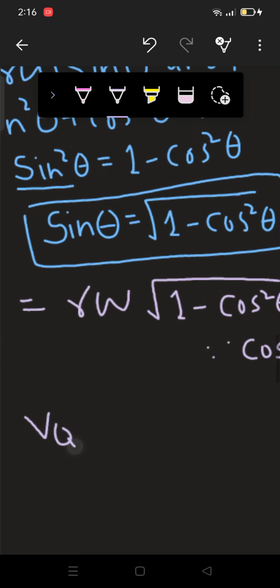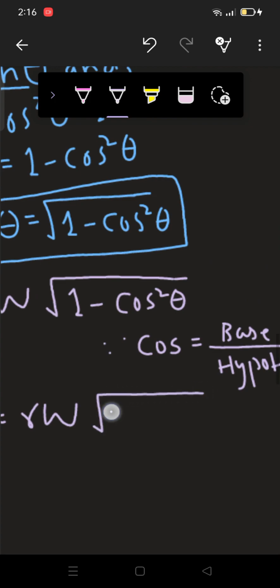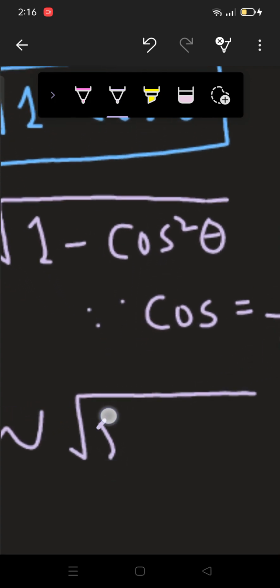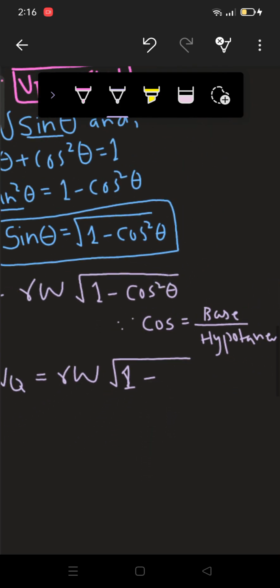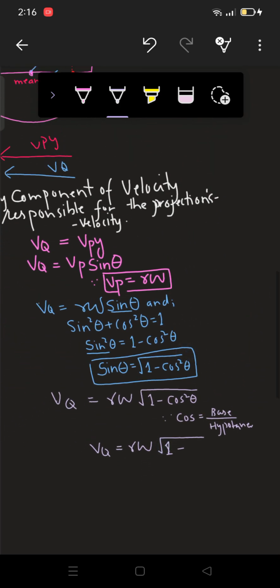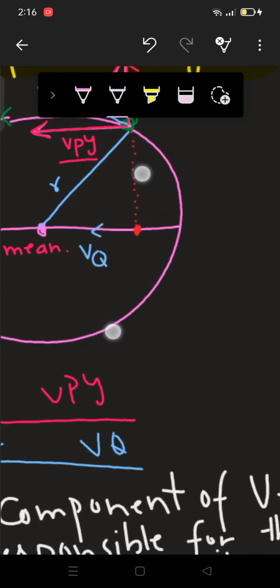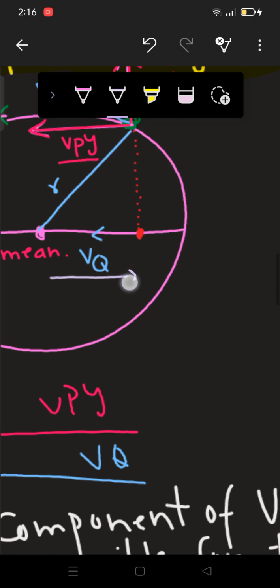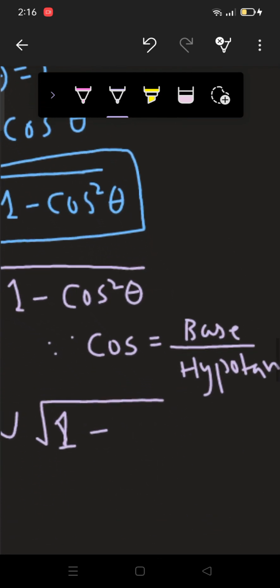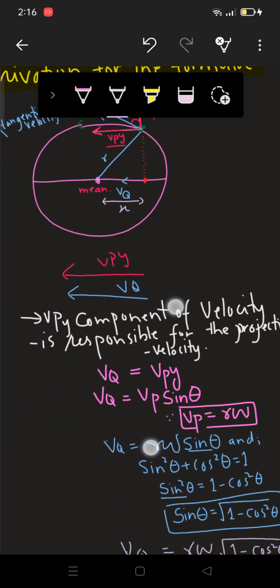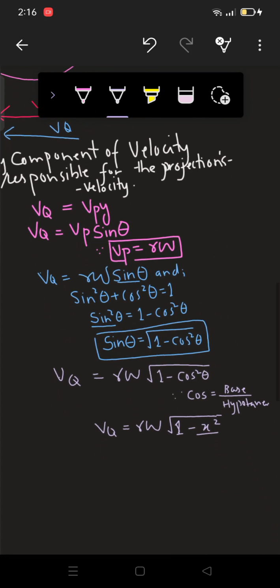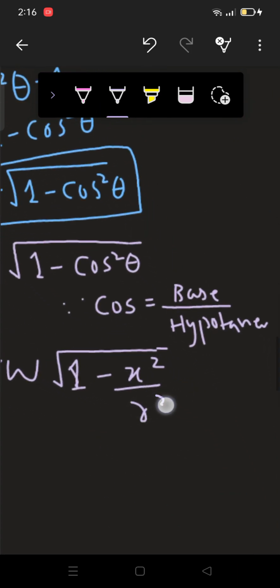Now vq is equal to r omega radical 1 minus, and instead of base we have x, since this is displacement, so x square upon, instead of hypotenuse we have r, so r square.